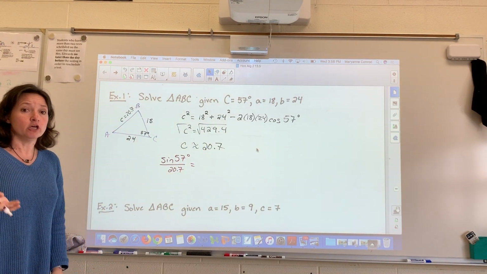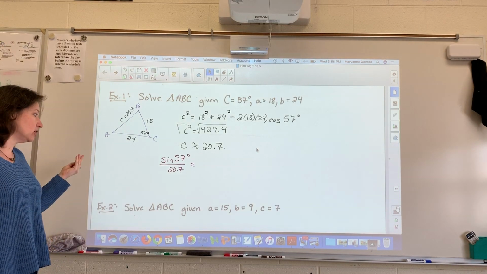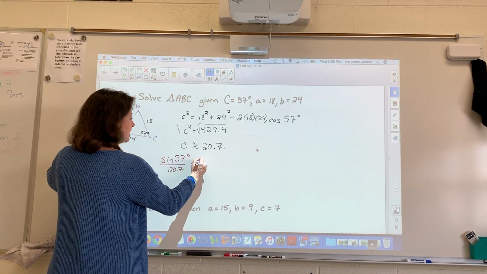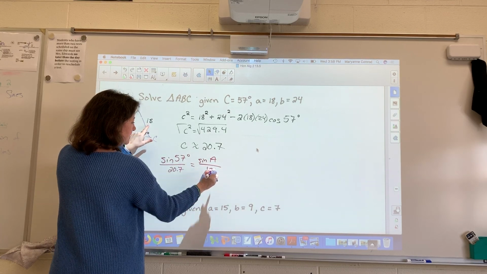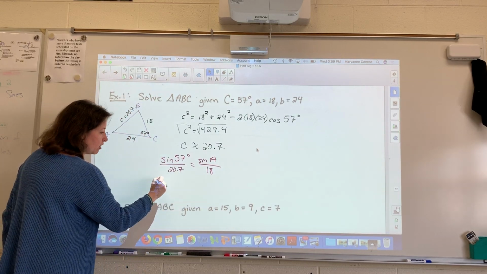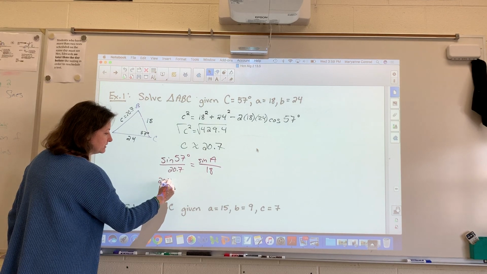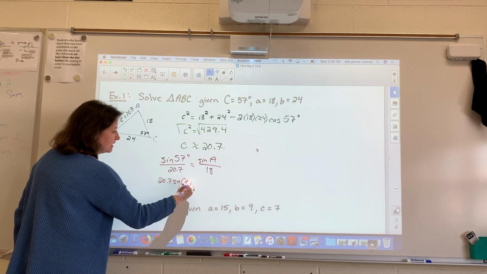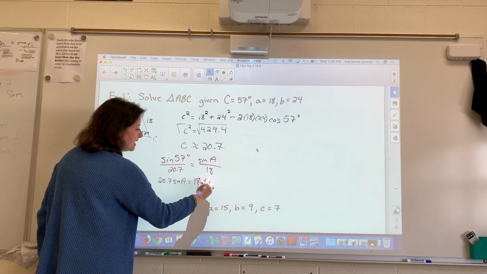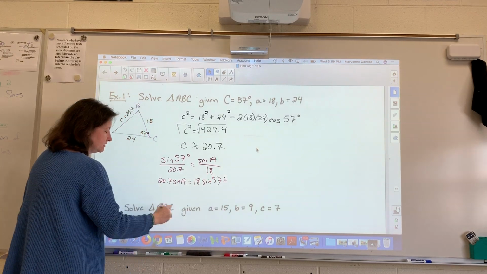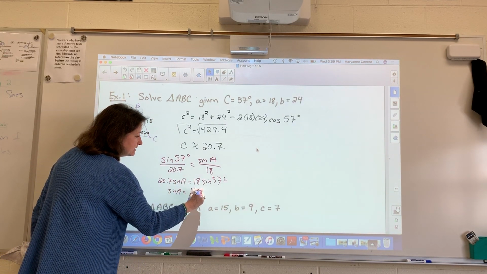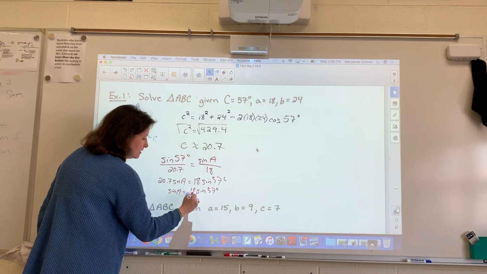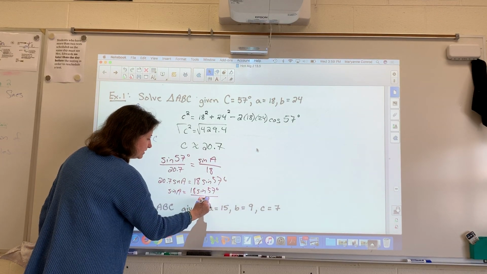Does not matter. So it's your choice. I'm going to go with angle A, so sine of angle A is to side A, 18. From this point, we would cross multiply, so 20.7 sine A equals 18 sine 57. Divide, we get sine A equals 18 sine 57 degrees divided by 20.7.